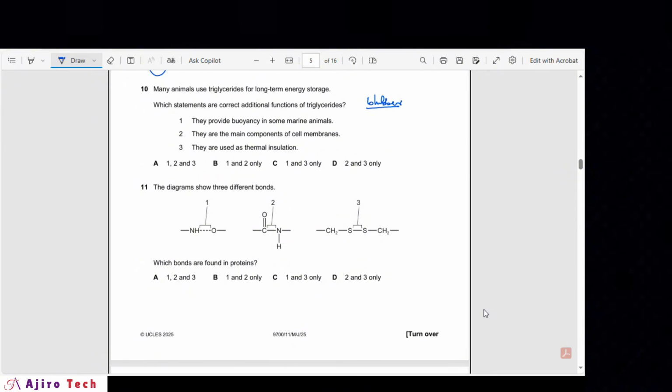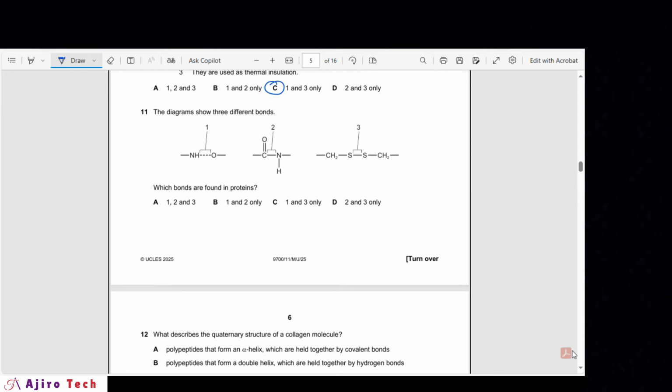So this is out of it. They are used as thermal insulation, yes, under our skin where they are stored. They can help prevent loss of heat, especially when it's cold. So we have 1 and 3 only. We go to the next one.